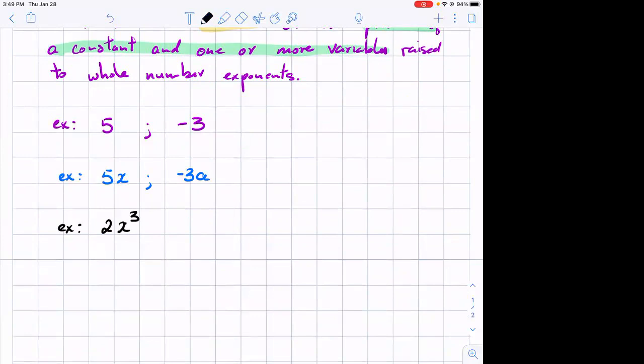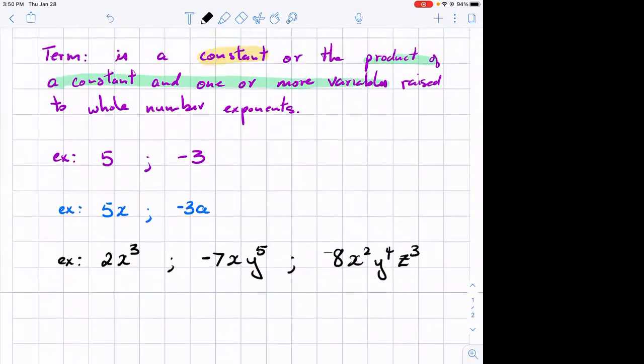Okay, whole number exponents, not fractions. Or we can have minus 7xy to the 5th. So it doesn't have to be one variable or letters. It could be more than one. We can have 4 or 5 letters. We can have minus 8x squared y to the 4th z to the 3rd. Okay? So these are all terms.